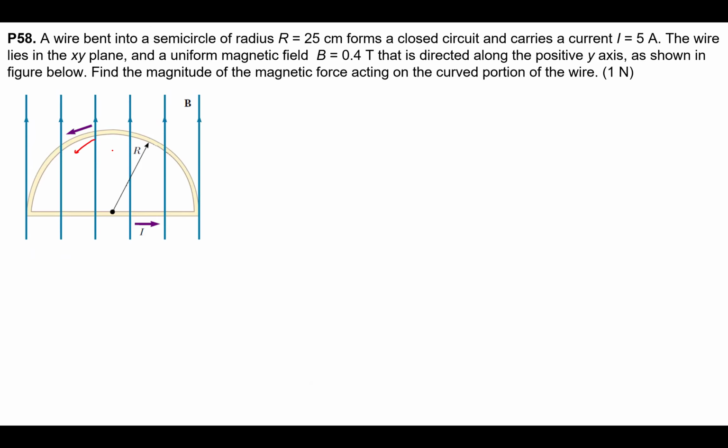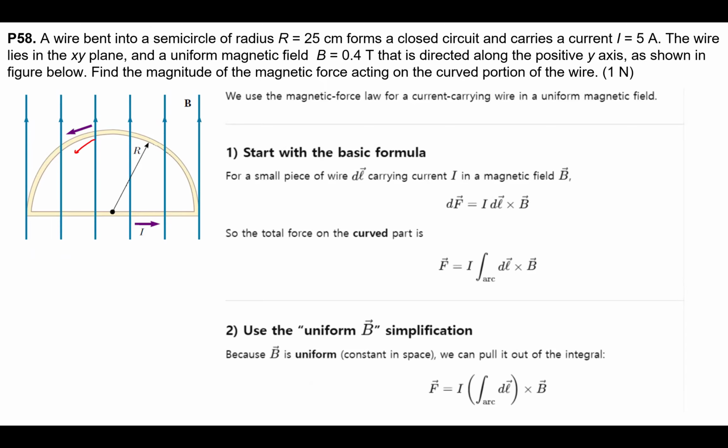The formula will be the same, but in this case, we have to do some integration. So dl in this case, if you take this as theta, dl corresponds to r d theta, and theta goes from 0 to pi.